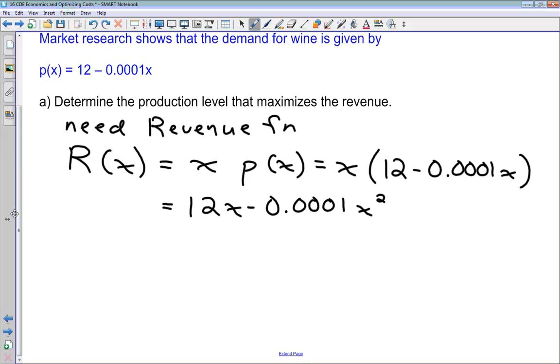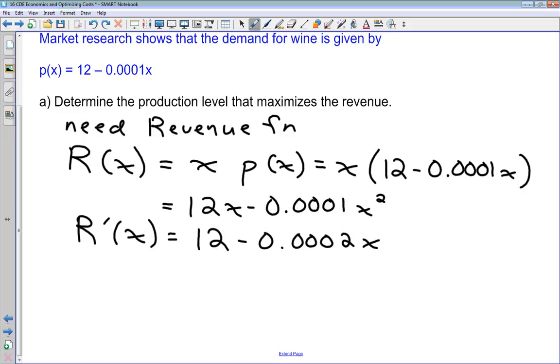So, let's take our derivative, r primed at x. We're getting our marginal revenue function here, but really we just care about the fact that this is our derivative of our revenue function. So r primed at x is going to equal 12 minus 0.0002 times x, and then we want to set this equal to 0 and solve.